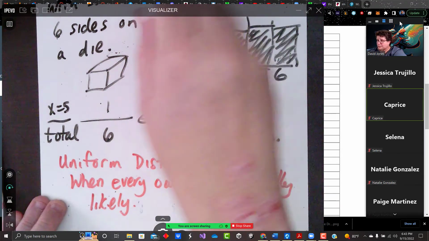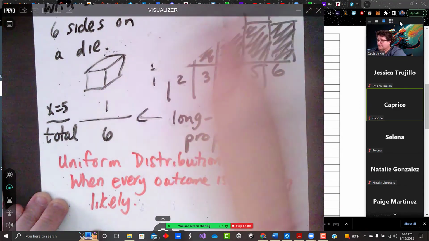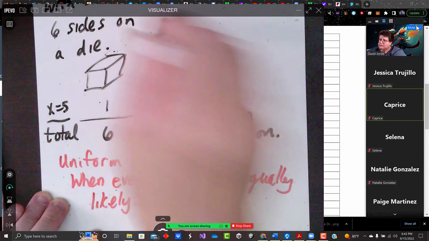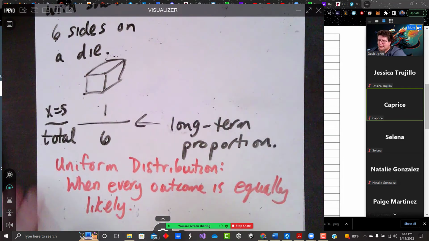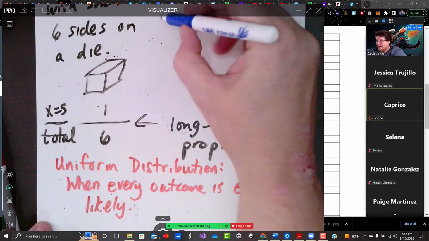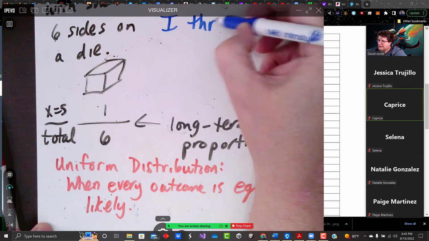Okay, I'm going to erase this part right here in case you're still writing stuff below. So if I track how many times I throw the dice, let's say it's n times. I throw the dice n times.